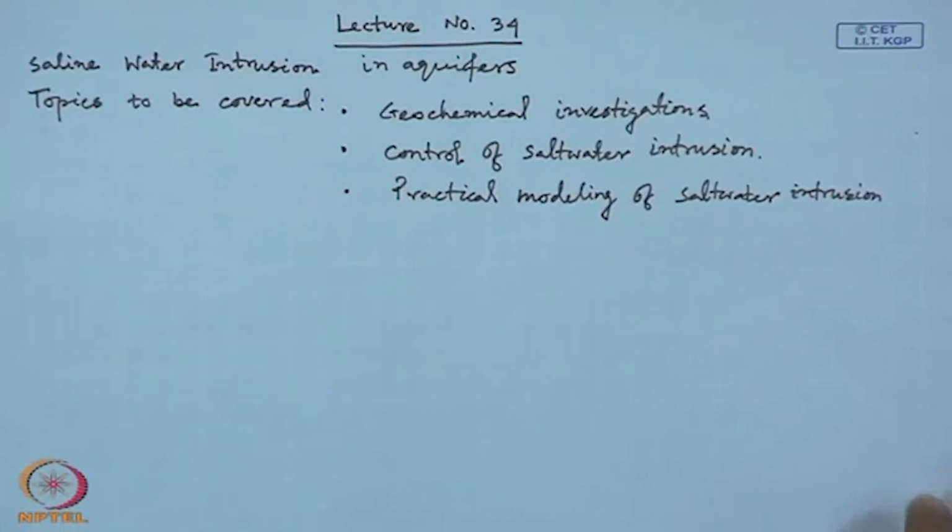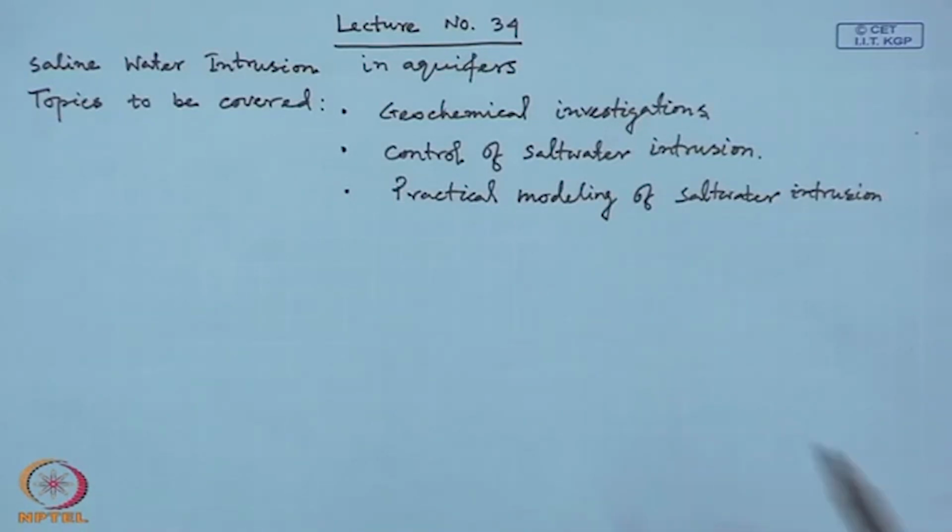In geochemical investigations, we can use certain parameters to identify whether saltwater intrusion has happened in a particular aquifer or not.